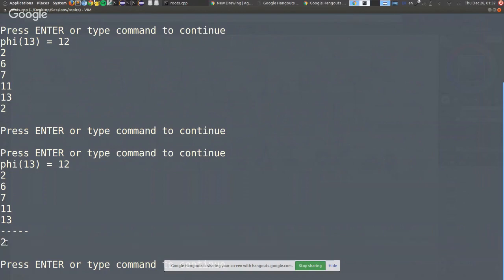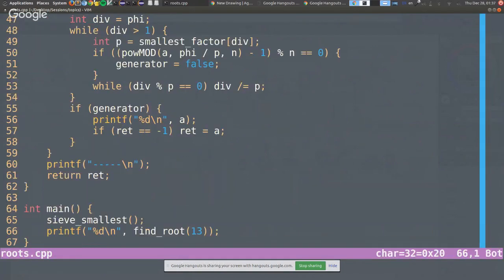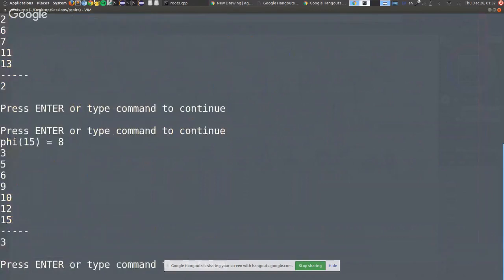And then this is the first one. Compare, for example, with the 15. So here something somehow unexpected happens.